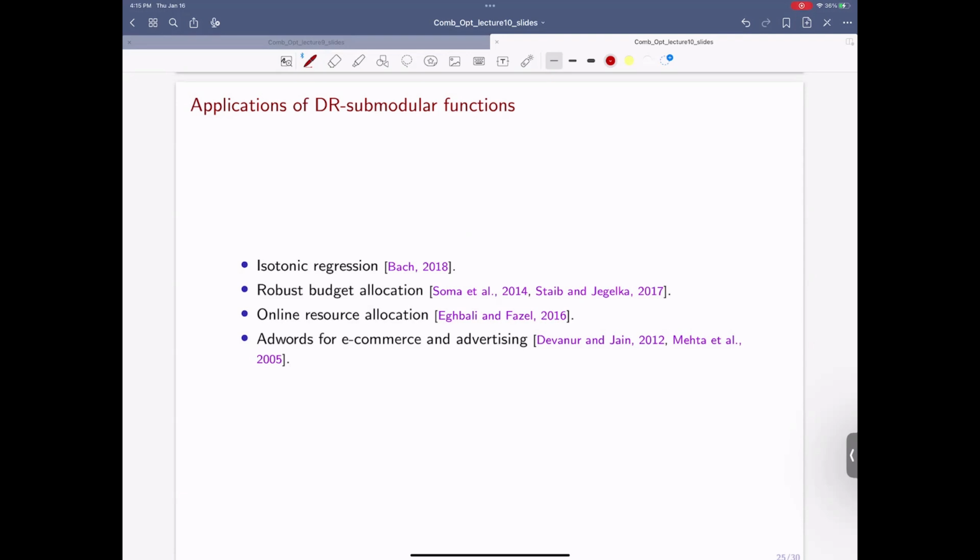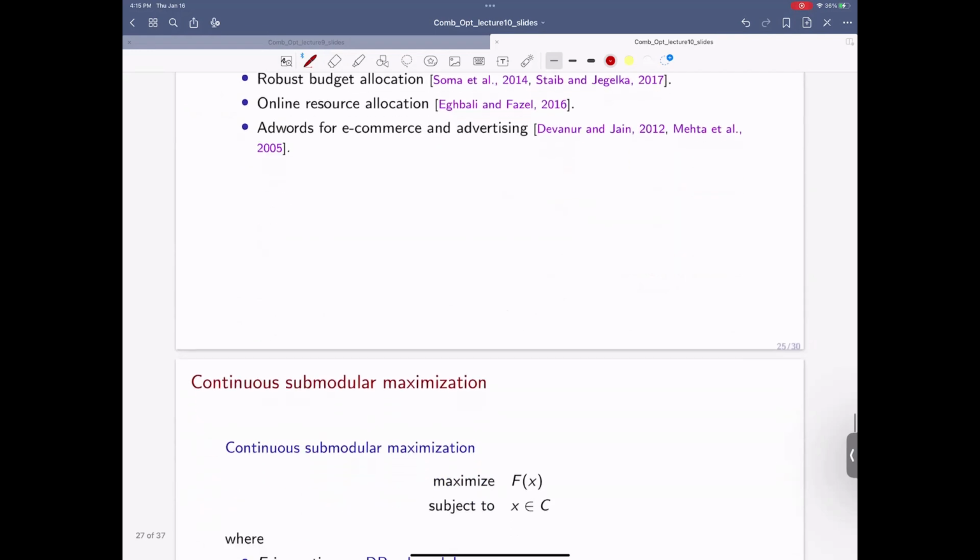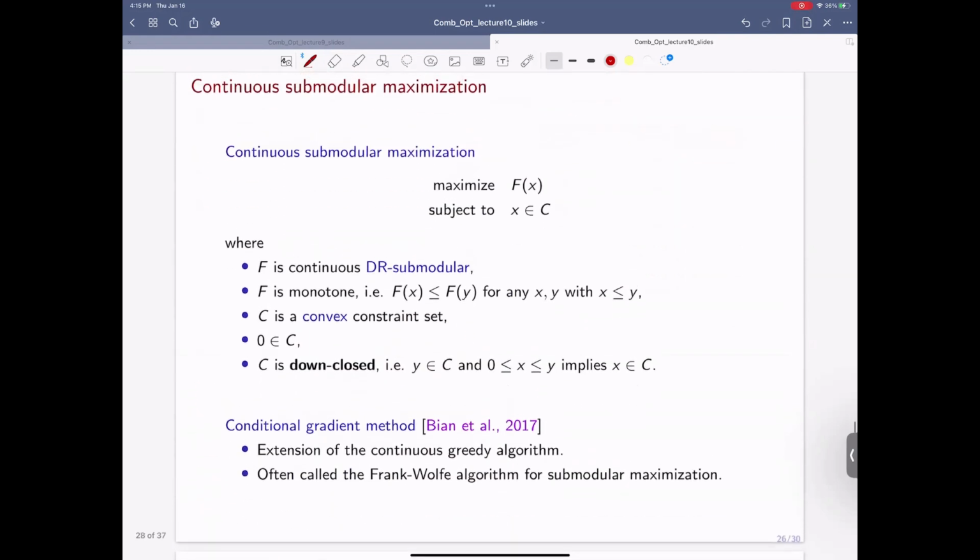All right. So now the question is the submodular function maximization problem.